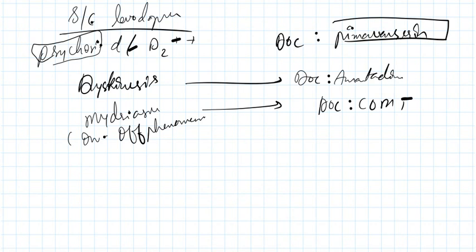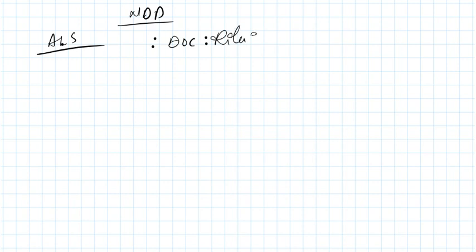Now, what are the drugs for neurodegenerative disorders? First one is ALS, amyotrophic lateral sclerosis. What is the drug of choice? Drug of choice is riluzole. If not responsive to riluzole, you can give edaravone.